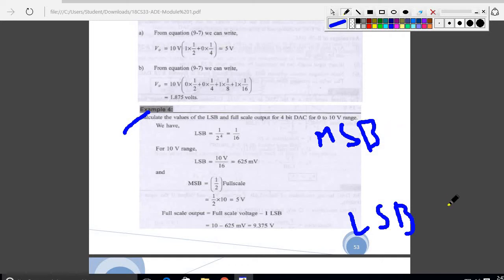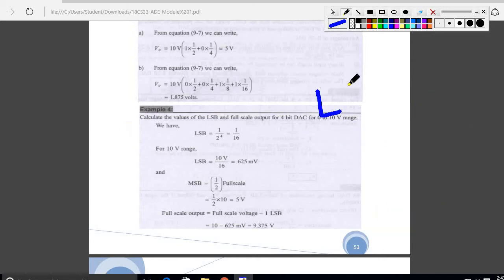LSB is the 4th bit, right? So see here, LSB is the 4th bit.